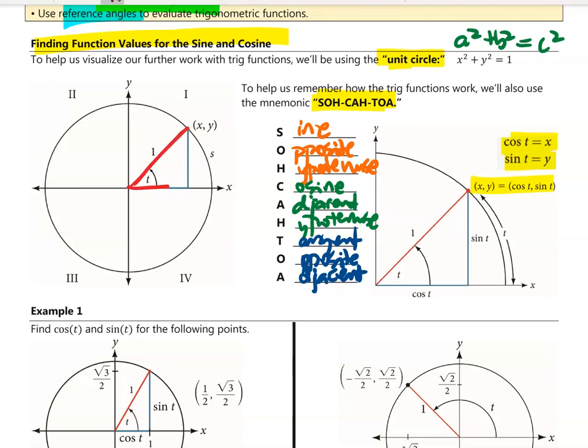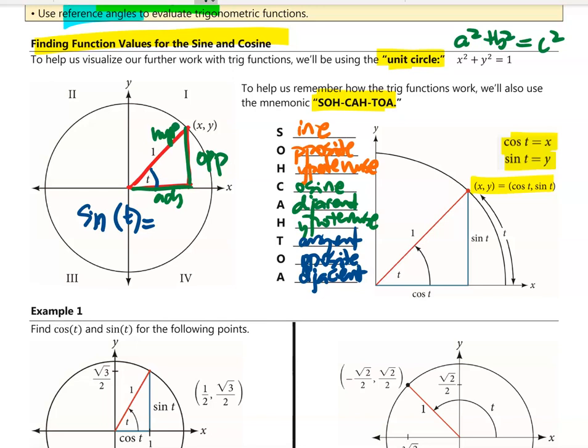If we have this triangle here, and this is our angle t, and if we want to find sine of t, that is based on our SOHCAHTOA, sine is opposite over hypotenuse, meaning this is the opposite side, and this is the adjacent side, and this is the hypotenuse.